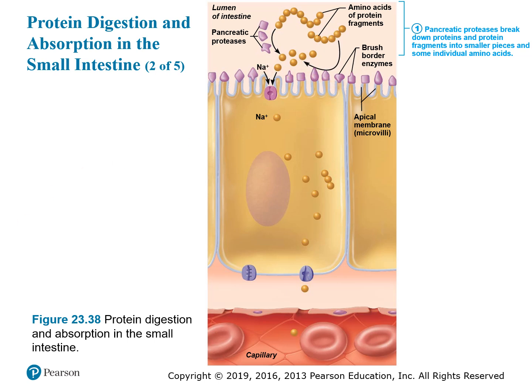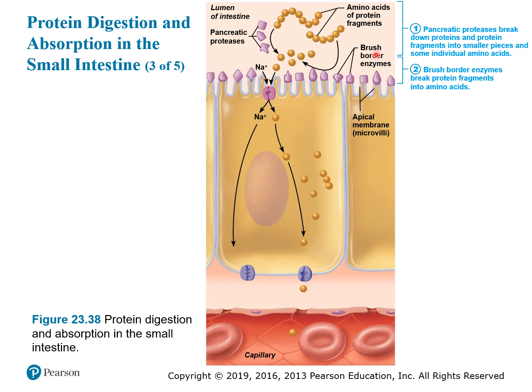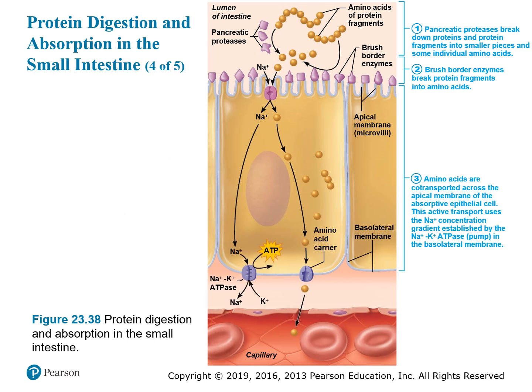Now let's see. So this was the second step. Then the brush border enzymes come into play, and they are breaking down the dipeptides into amino acids. And then these amino acids are taken in as a co-transport, and this is secondary active transport. The energy is coming from this pump. This pump is using ATPase, and it is keeping the sodium concentration low inside.